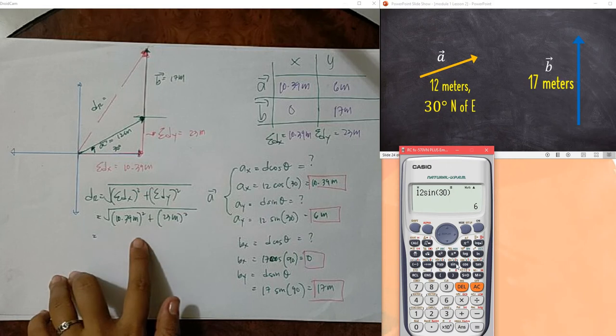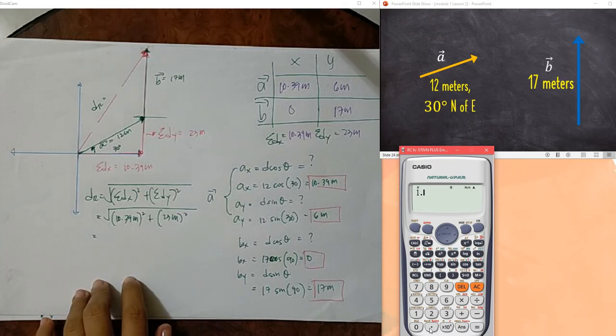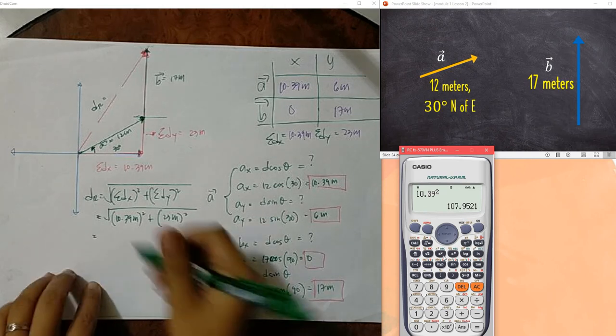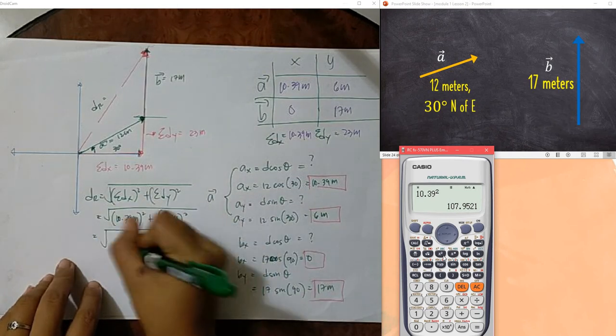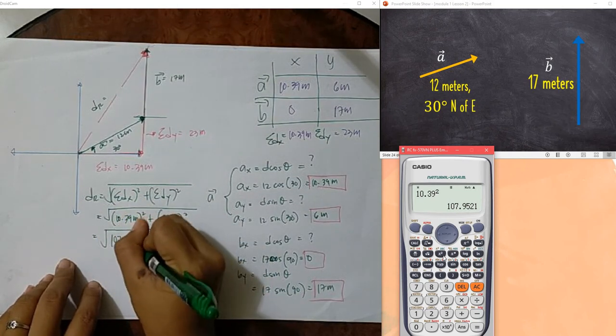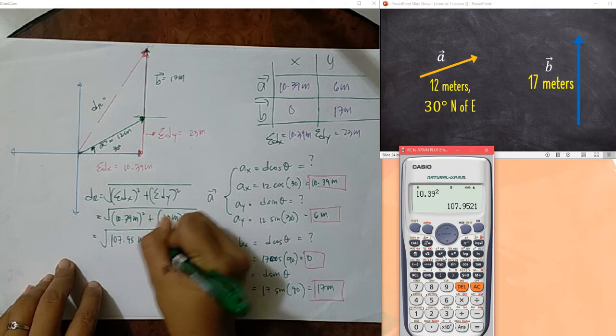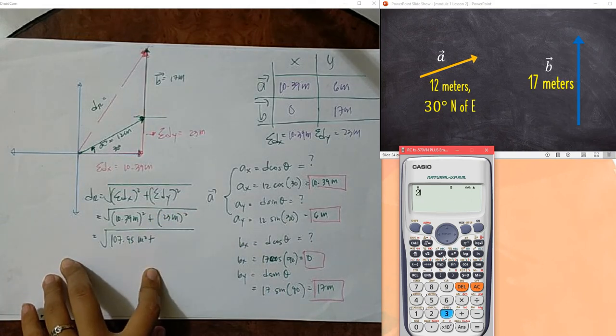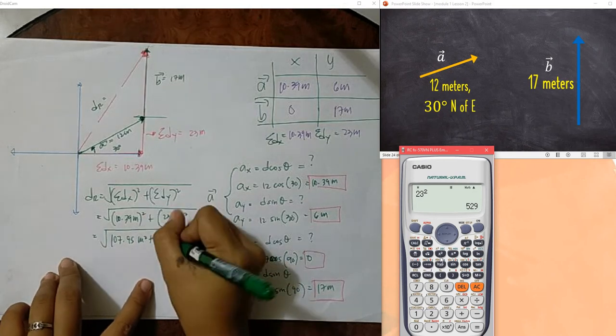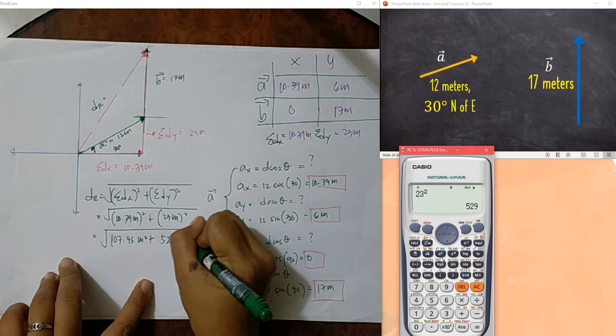Okay, let us use our calculators. 10.39 squared, that is equal to 107.95. So we'll just use two decimal places. 107.95 meters squared plus 23 squared, that is equal to 529 meters squared.